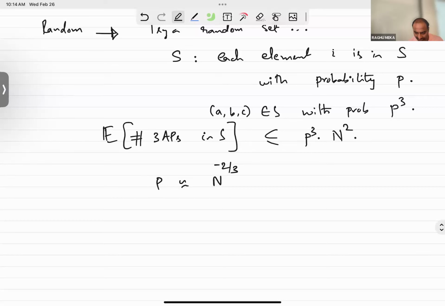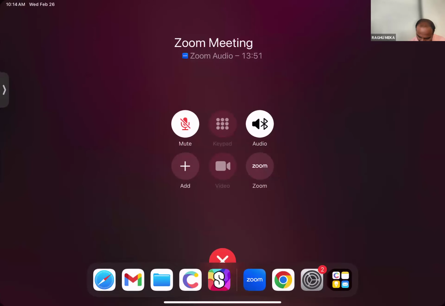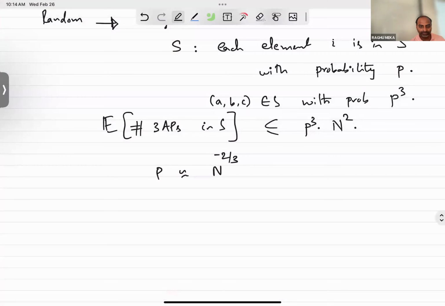The size of S is roughly n times p. Actually, we don't want it to be small, we just want it to be less than n, because there are always n trivial 3APs, which are always present, so you have to avoid them.